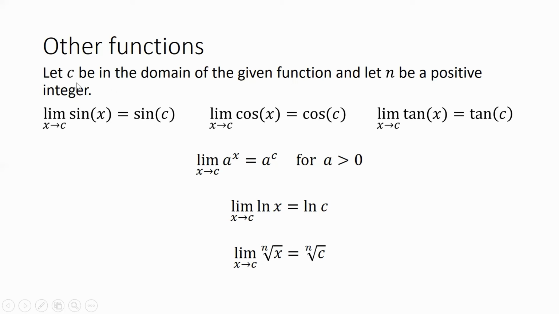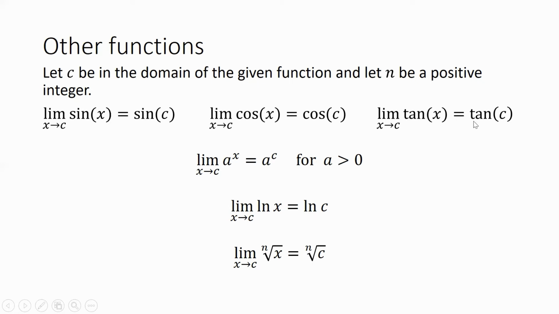And if you read closely up here at the very top, it says, let c be in the domain of a given function. So the fact that c has to be in the domain is implicit in all of these. All right. So when you're plugging into natural log, the domain of natural log is positive numbers.